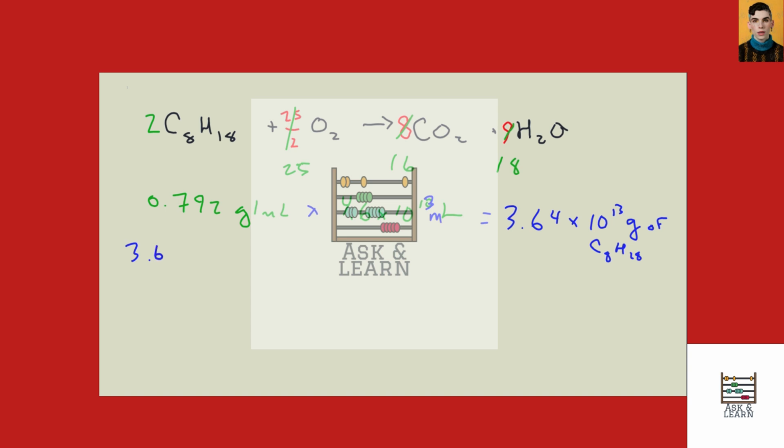So that's not what the question is asking, though. The question is asking how many grams of CO2 do we get out of this. So we're going to need to do some stoich here.